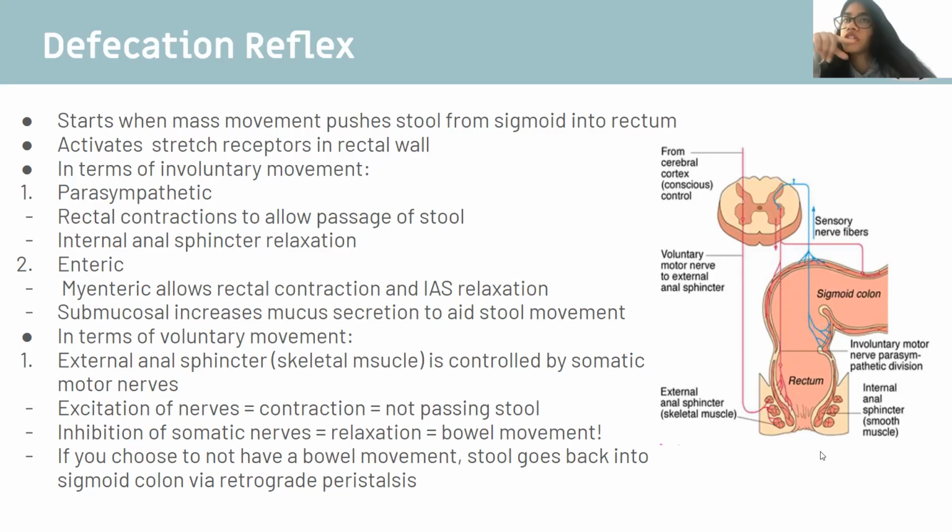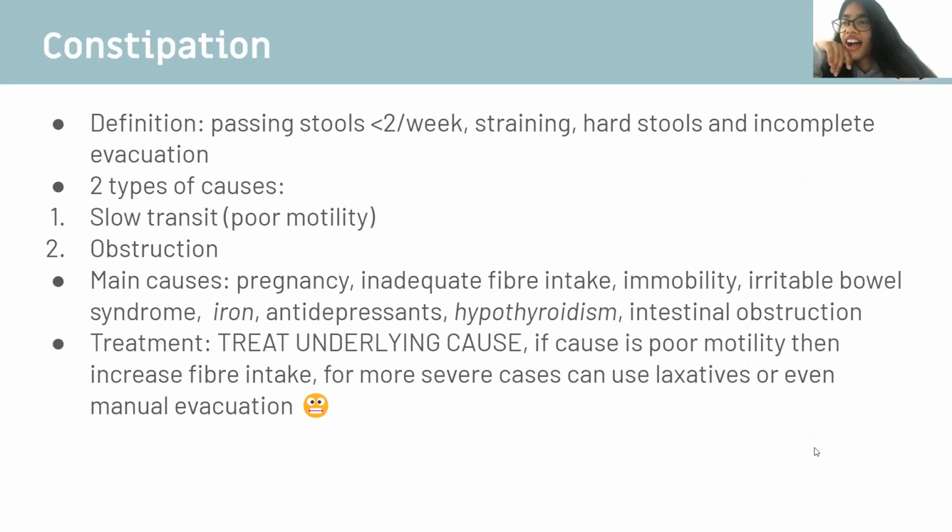And then moving on to dysmotility now. Next slide, please. All right, so first of all, you've got constipation. The definition is basically either passing stools less than 2 times a week, straining more than 25% of the time, if your stools are really hard, or if you've got incomplete evacuation.